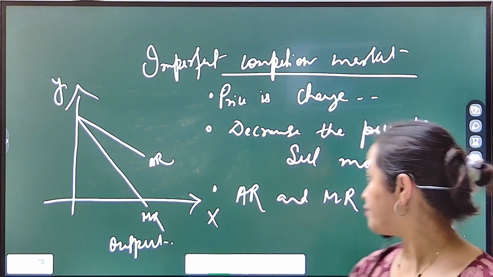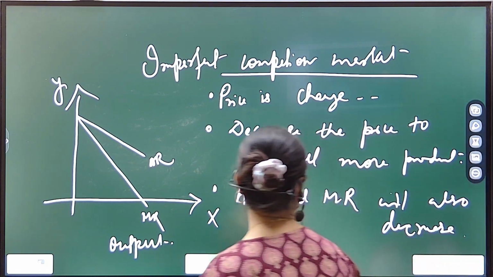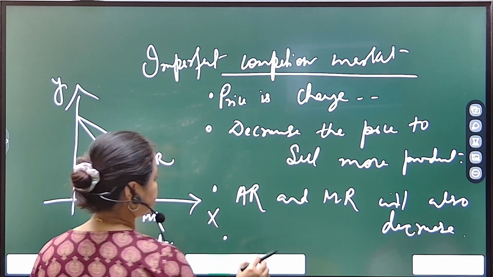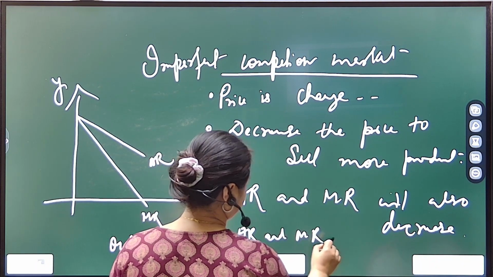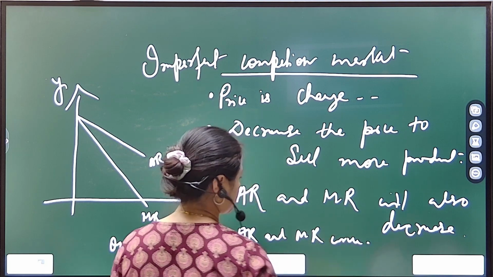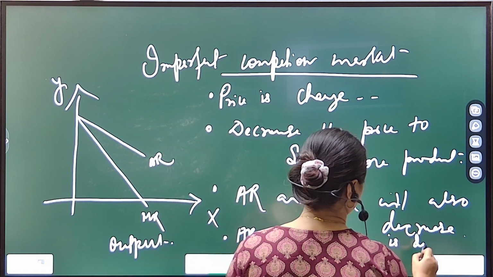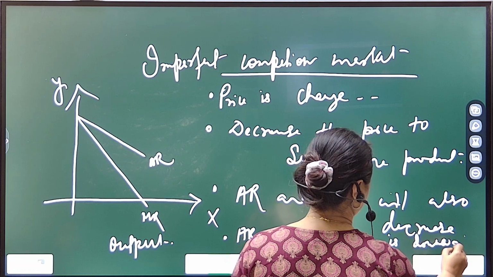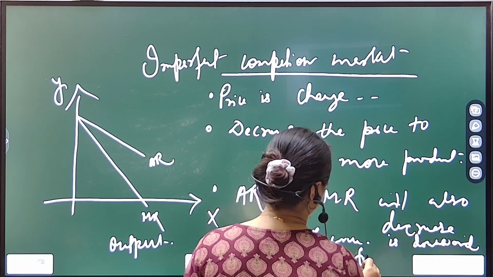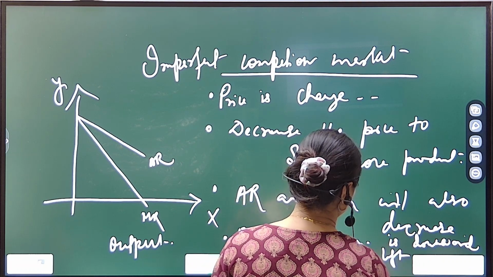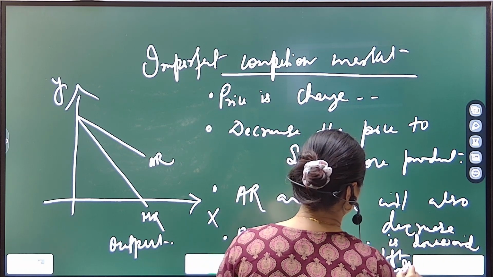So what is the slope of the AR and MR curve? You write this also: the AR curve is downward sloping from left to right.